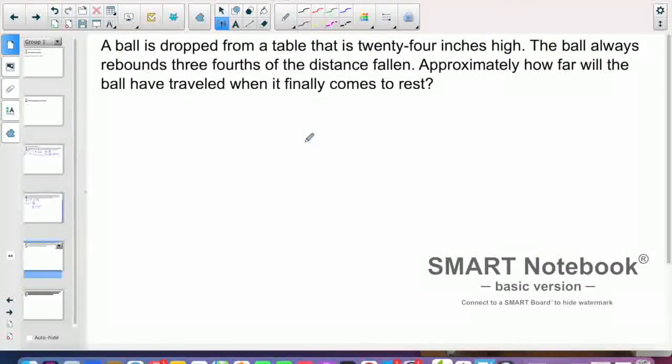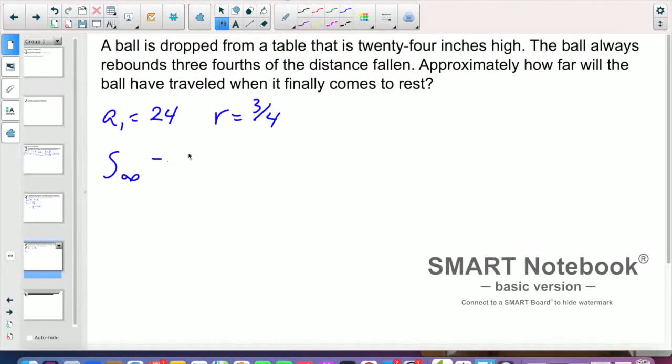In the next one, a ball is dropped from a table that is 24 inches high. The ball always rebounds 3/4 of the distance fallen. Approximate how far will the ball have traveled when it finally comes to rest. So our A sub 1 here is 24 inches, and our R value is 3/4. 3/4 is less than 1, so we're allowed to use the infinite summation formula.